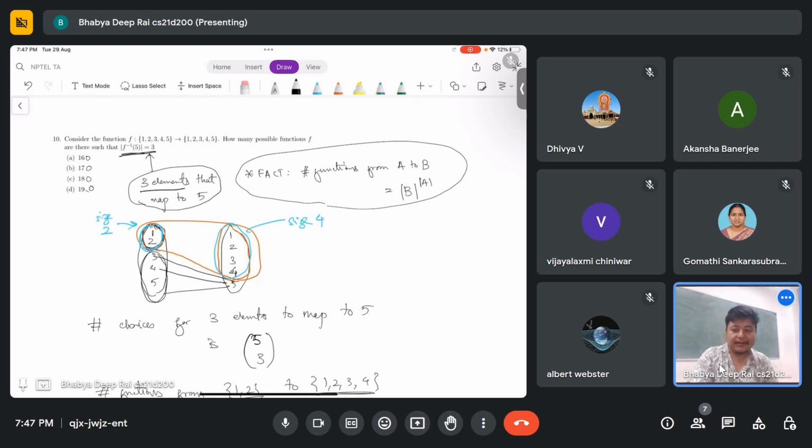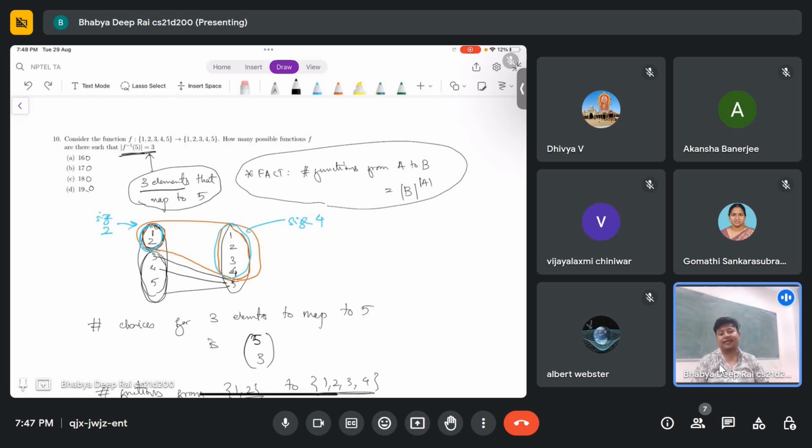Does anyone have any doubts regarding this question? This question is a bit more challenging. The key idea here is that the inverse need not be a single element. It could be a set of elements. So the idea is to choose these sets of elements.